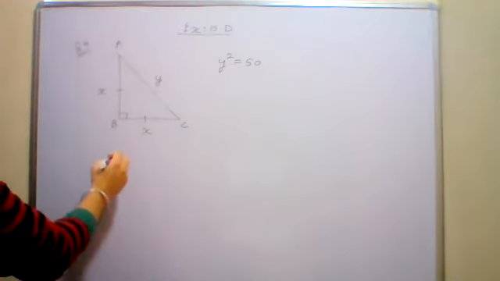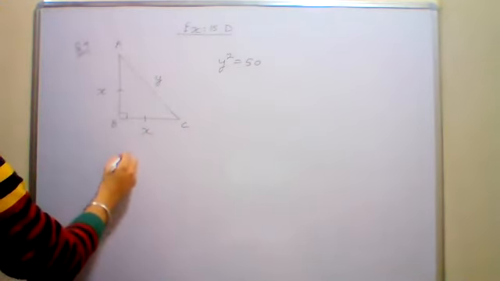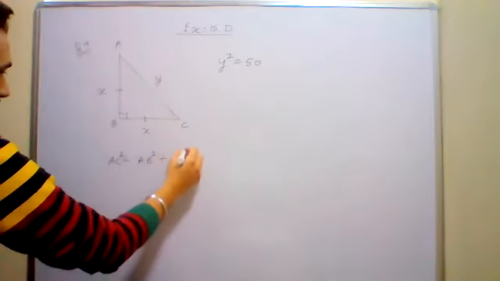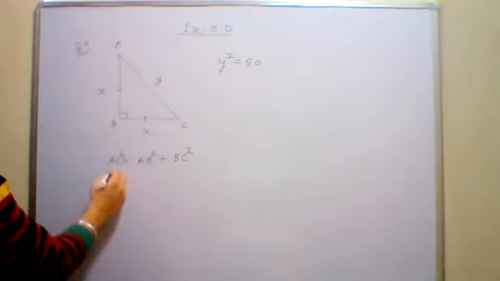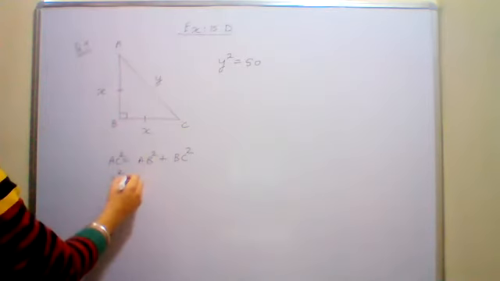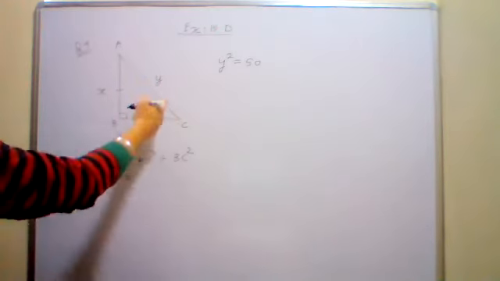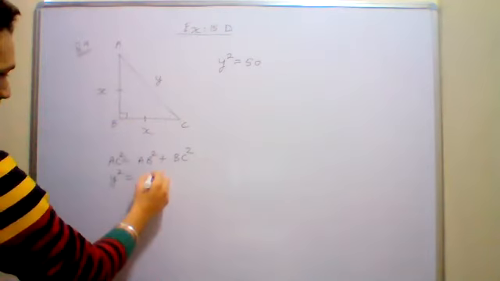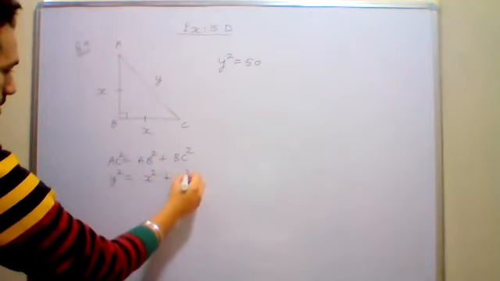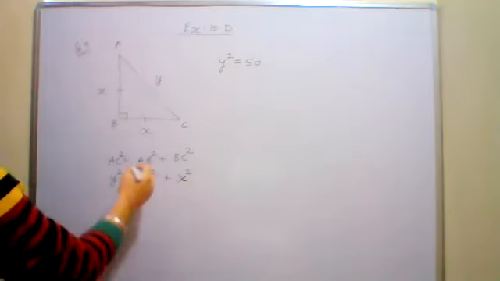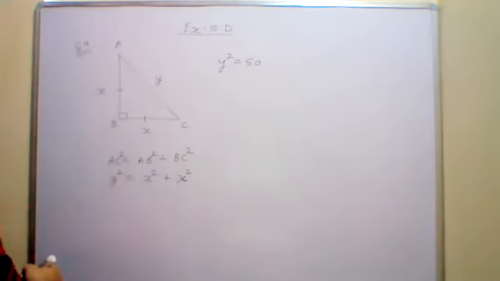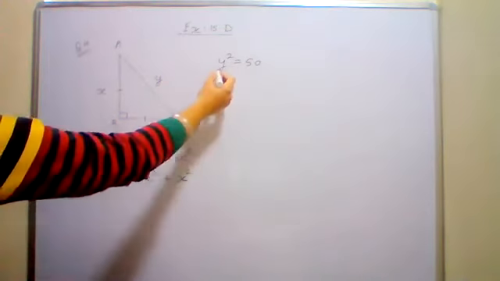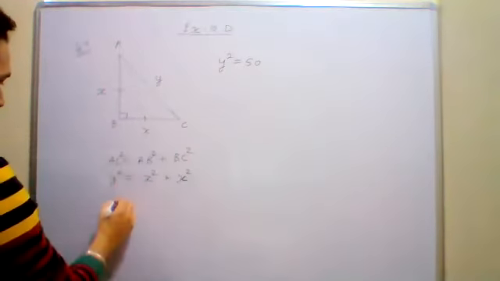We know that AC square is equal to AB square plus BC square. AC square means y square. AB square means x square. BC square is x square again, as BC is also equal to x. The value of y square is 50.